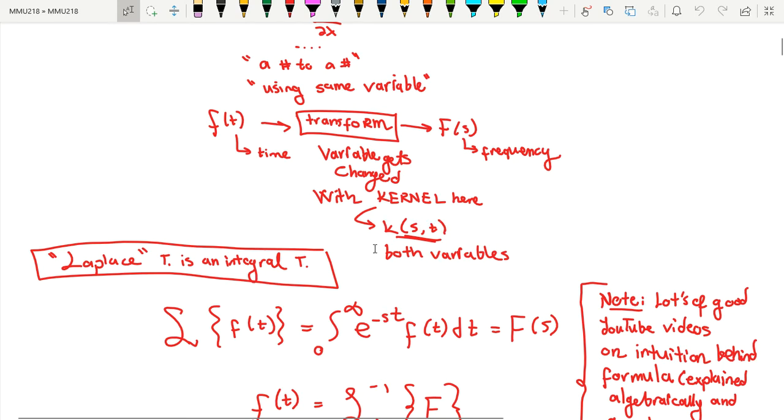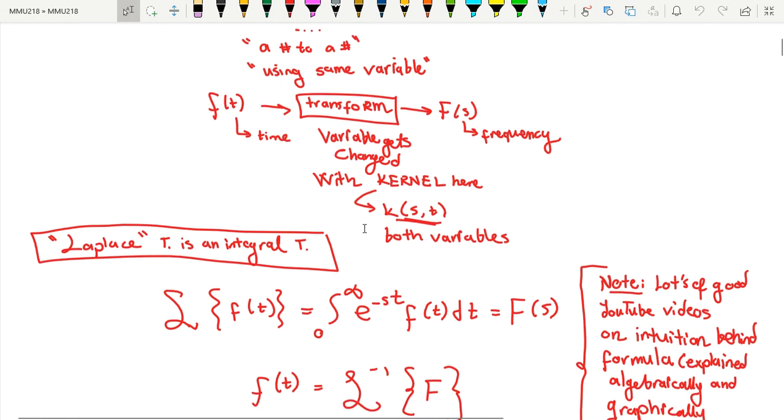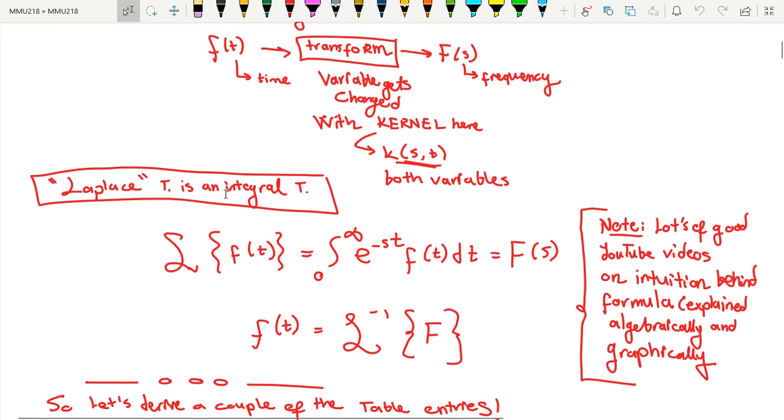It needs to include both of the variables. So in our specific example here, it needs to include time variable t and also the frequency variable s. So we need to find some sort of a function which is called kernel, which makes the transformation that includes both of the variables.